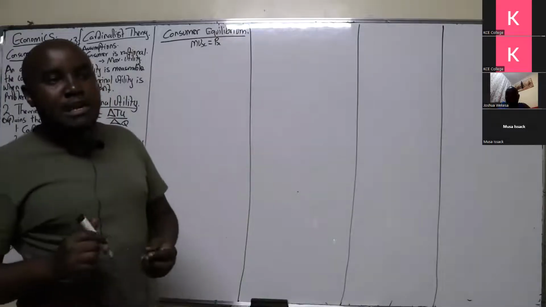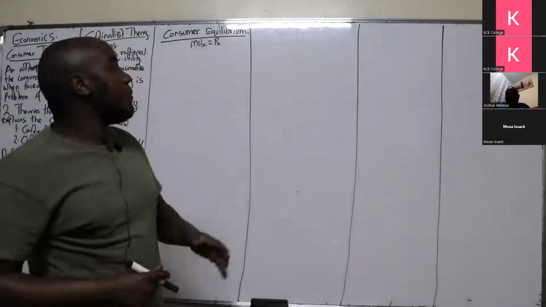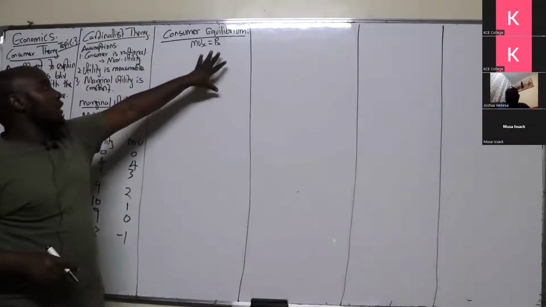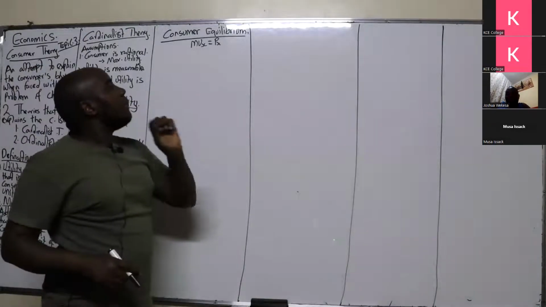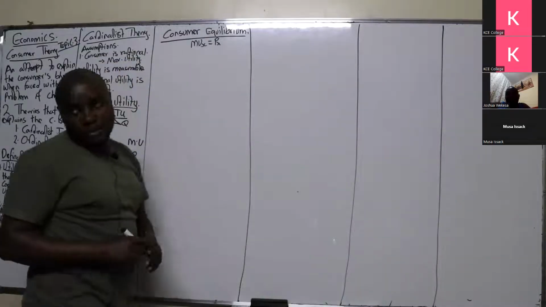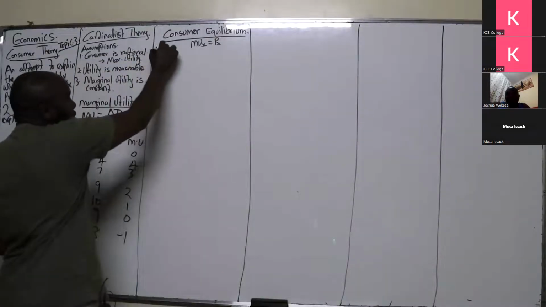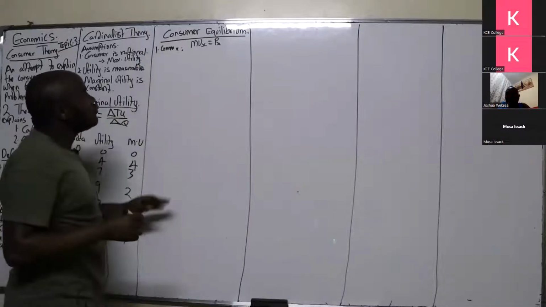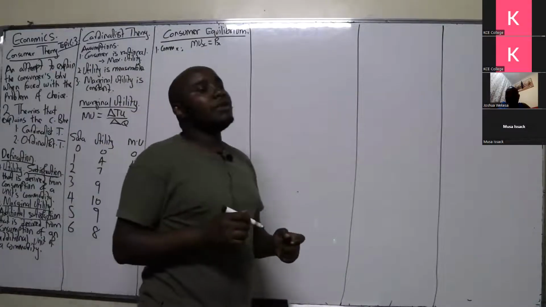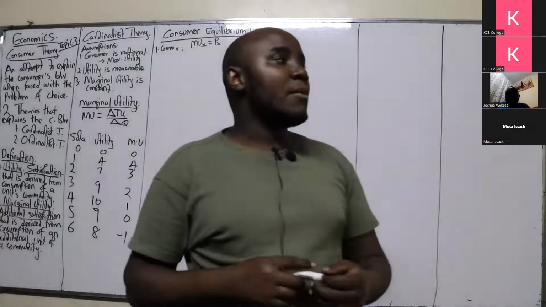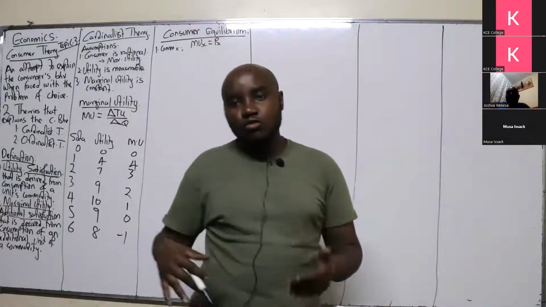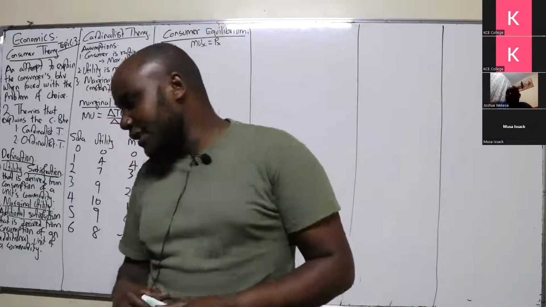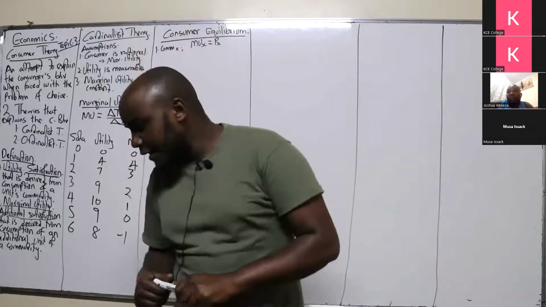So if we have a simple economic perspective of one commodity, called X, then consumer equilibrium is a situation where you feel that the satisfaction derived from this point is enough.